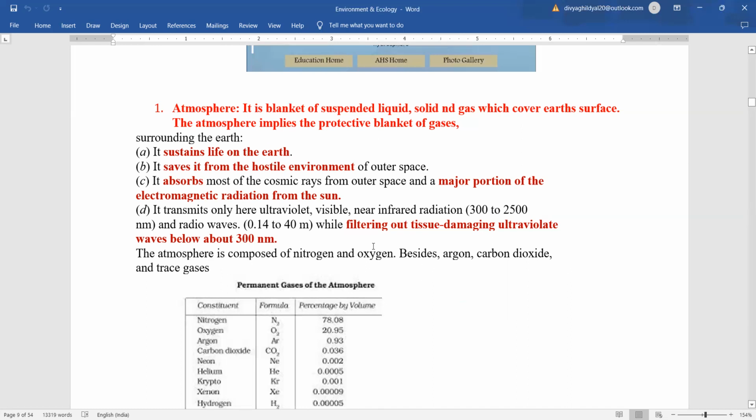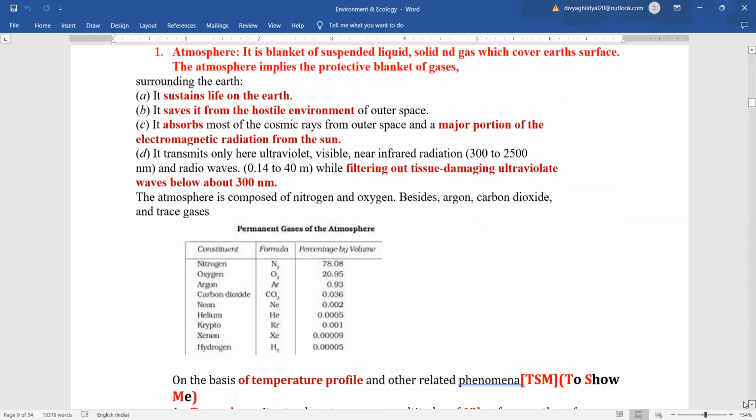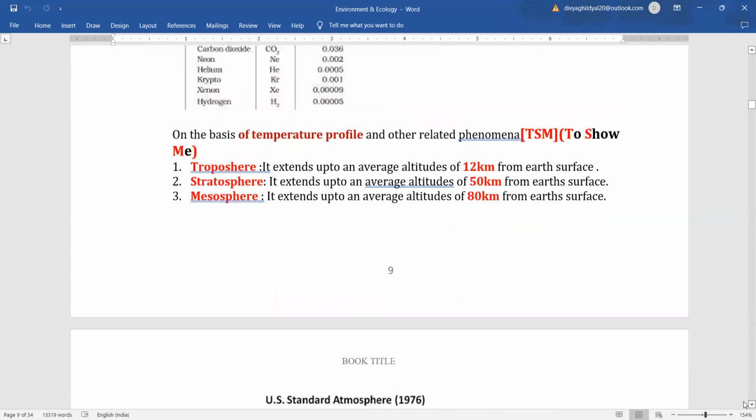Atmosphere consists of life-saving oxygen, nitrogen, etc., required for the survival of plants. Besides that, there are various other gases in the atmosphere.